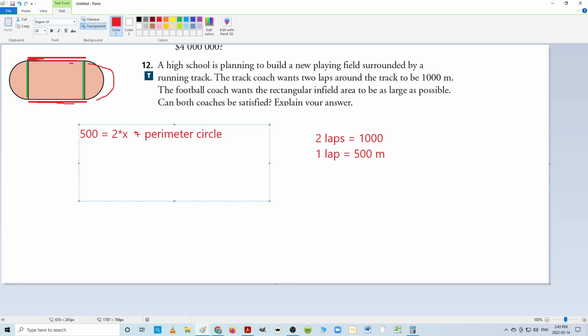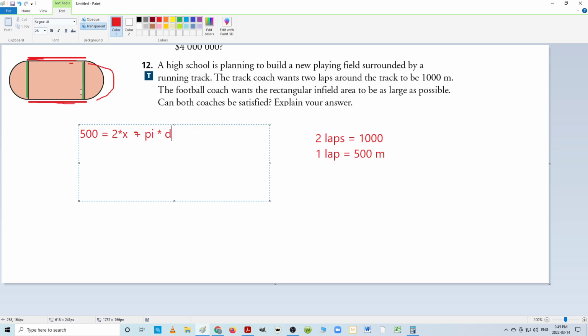so we're going to call the red line x. And I just don't know the perimeter of the circle. I do know that the perimeter of a circle is based on pi, and I also know it's based on pi times the diameter, right? Pi times the diameter. It's 2 pi r. See if you can spot the diameter in there.